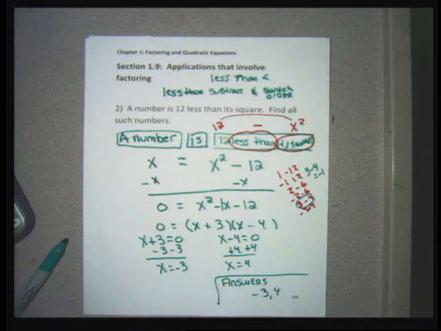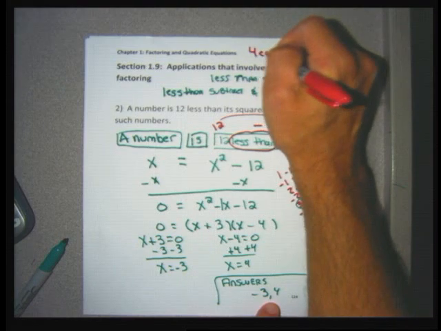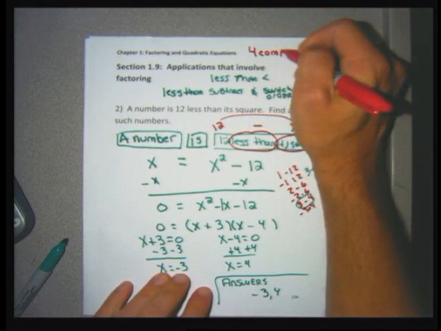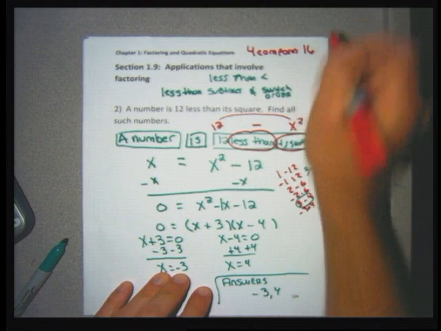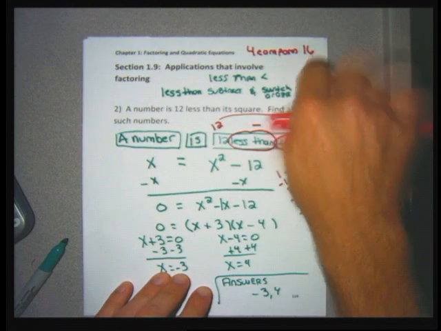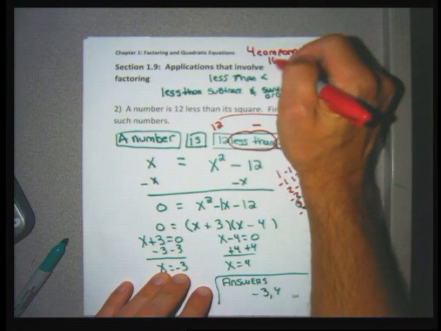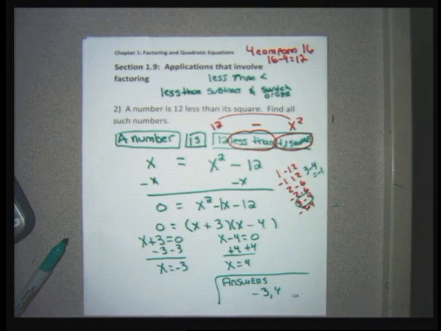To show you why minus 3 and 4 are correct answers, I need to compare each number to its square. So if I compare 4 to its square, the square of 4 is 4 squared, which is 16. The difference between 4 and 16, 4 being the number, 16 being its square, the number 4 is 12 less than its square because they're 12 apart. It says compare. I don't know, it doesn't really look like compare.